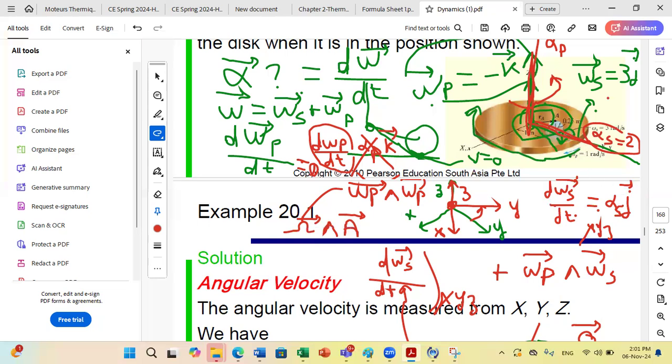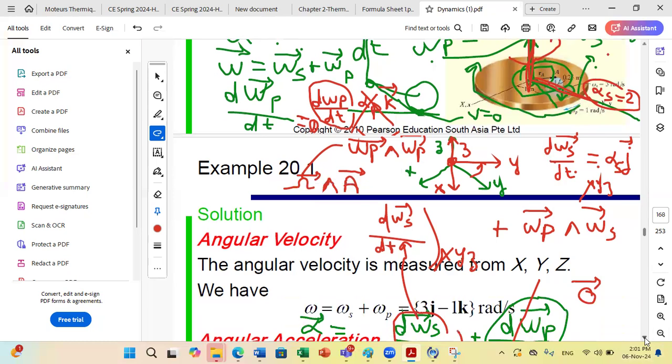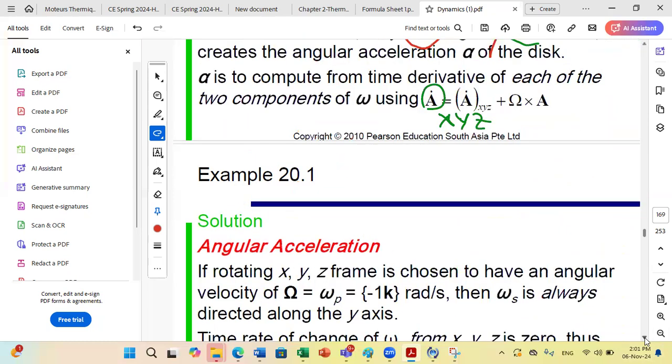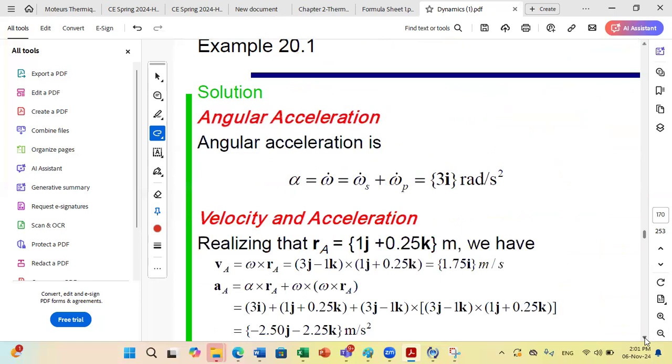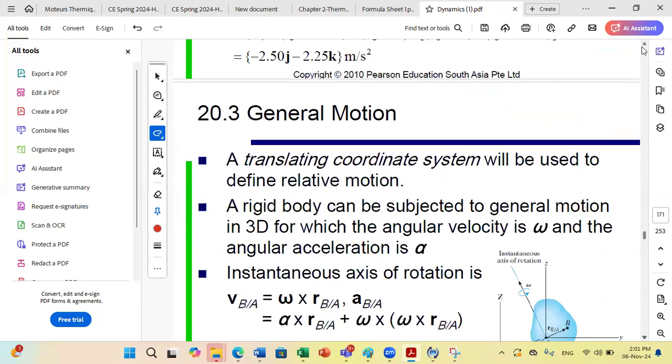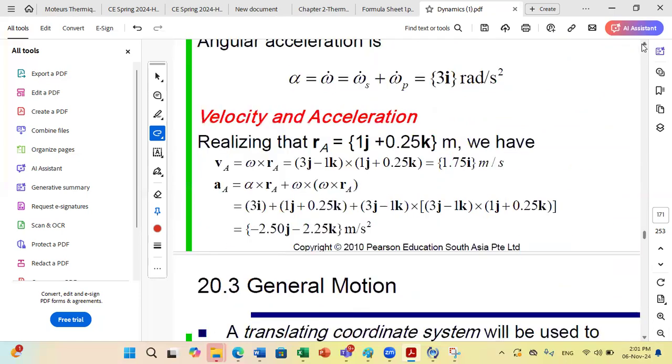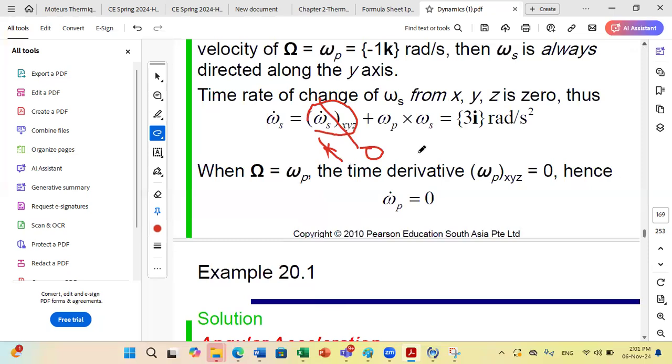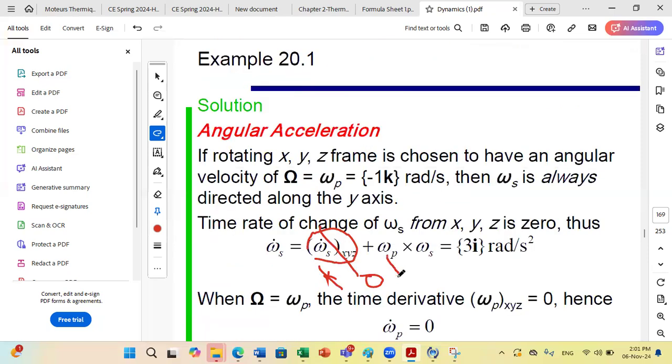Now, the change in direction is accounted for by omega p vectorial omega s. So if you do omega p vectorial omega s, we said that omega p is along negative k, so minus k, and omega s is along j, so vectorial 3j. k vectorial j is minus i, and we have a minus, so we obtain 3i. So the derivative of omega with respect to time is 3i.